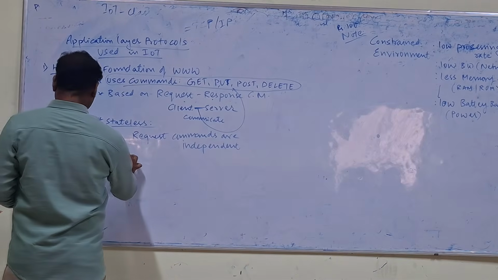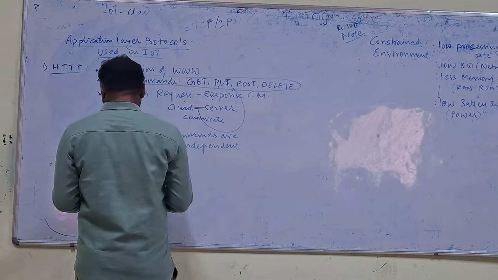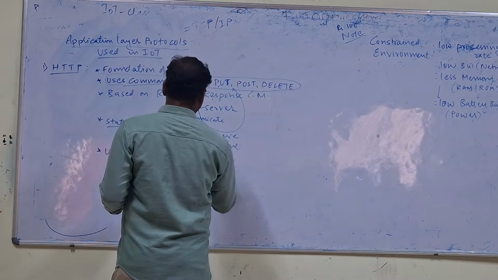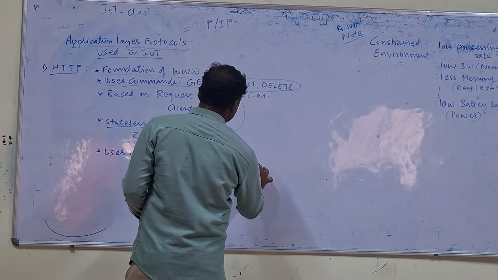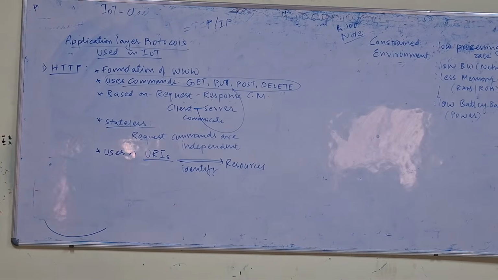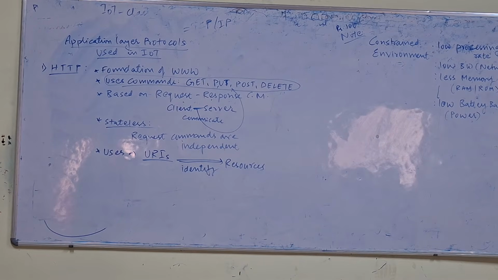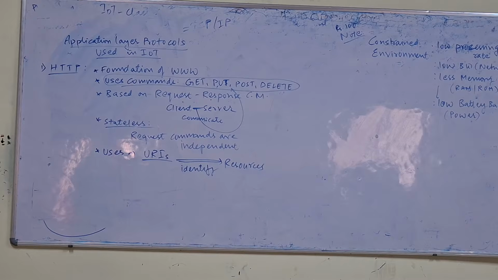This uses URIs, Universal Resource Identifiers, to identify resources. Just now I discussed slash, in the other class I have discussed. For example, you want to access the result: www.rgpt.e4/csc/result. This is a universal resource identifier.